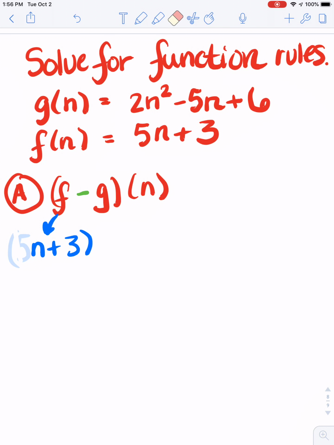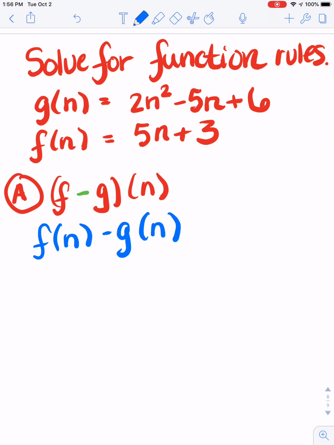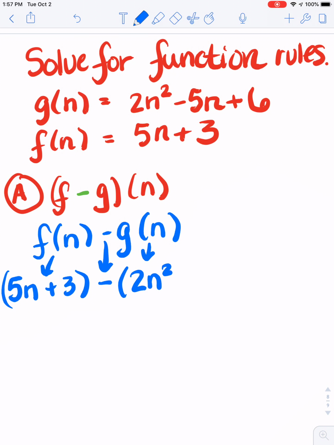Let's do this, guys. How about if we separate them into their functions? So f of n minus g of n. And then I know f of n is 5n plus 3. Bring down the minus. And I know g of n is 2n squared minus 5n plus 6.